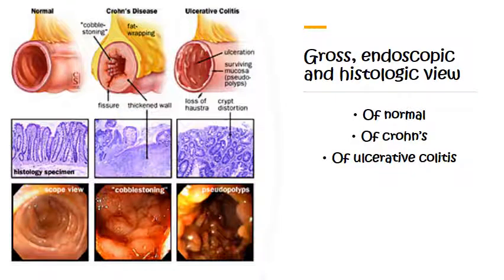So this picture is like a summary of the gross, endoscopic and histologic view of normal, Crohn's disease and ulcerative colitis. You can see in Crohn's disease there's fat wrapping and cobblestoning, fissure and thickened wall. In ulcerative colitis there are mucosal polyps called pseudopolyps.